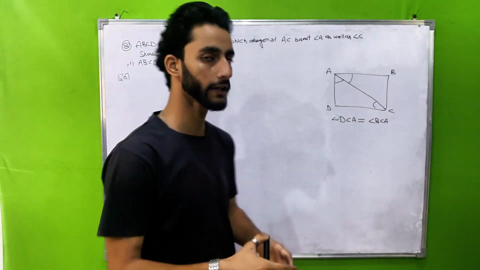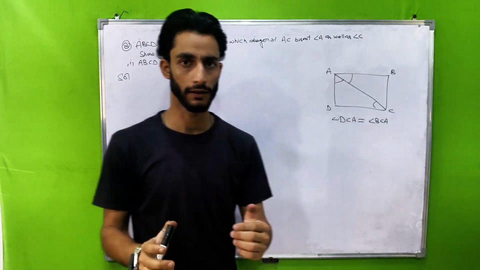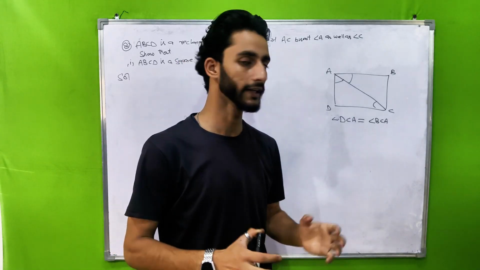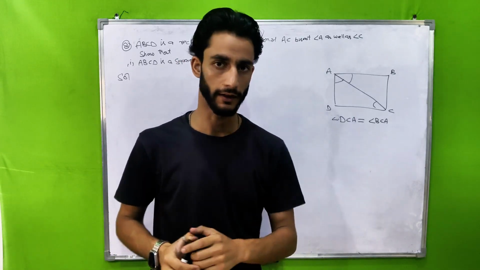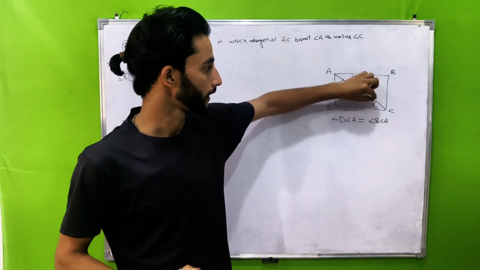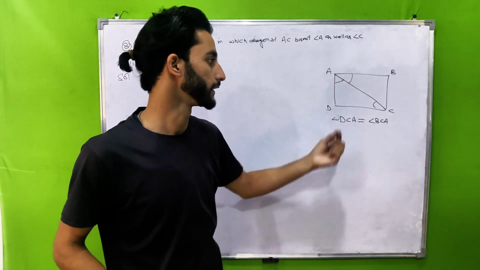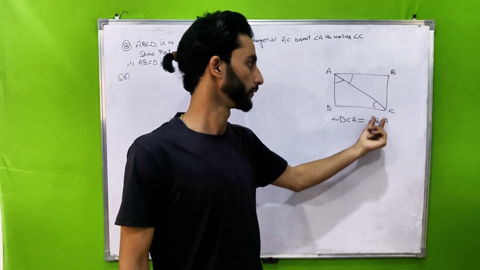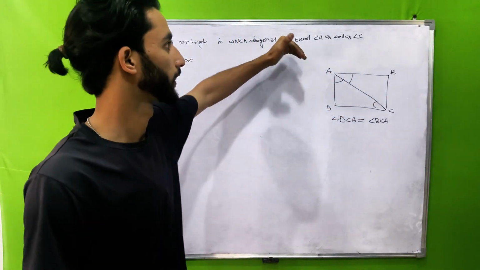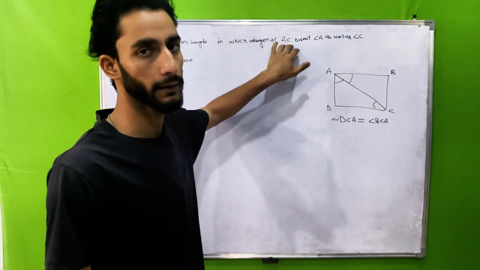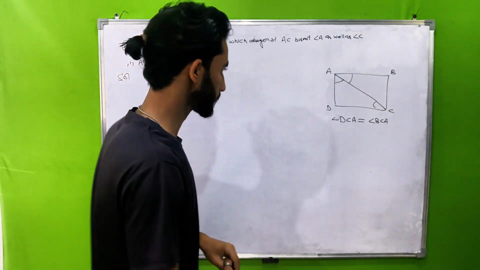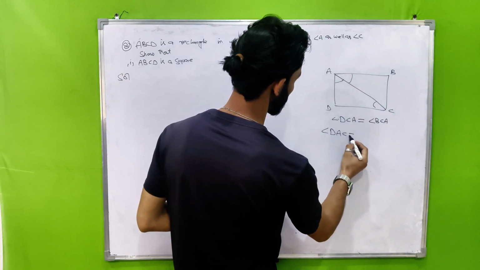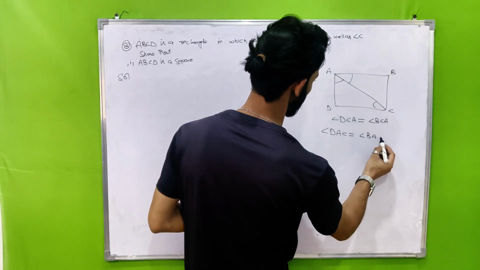If it gets divided into two equal parts, one part will be 45 and another part will be 45. When we add these two parts, 45 degrees plus 45 degrees will be 90 degrees. Implies this angle DCA is equal to 45, which is equivalent to BCA, which is again 45. This is the given condition because AC bisects angle C as well as angle A. Same goes with angle A, that angle DAC is equal to angle BAC.